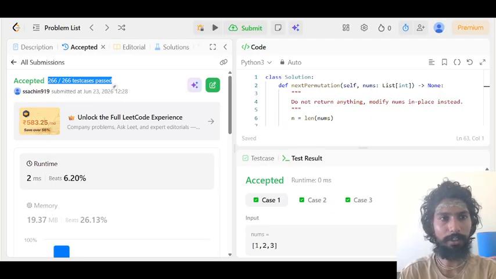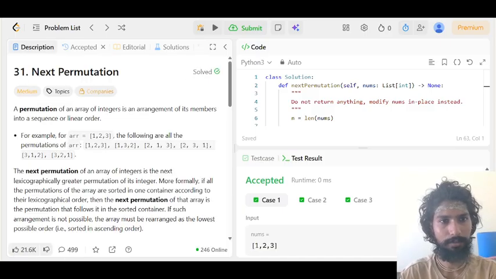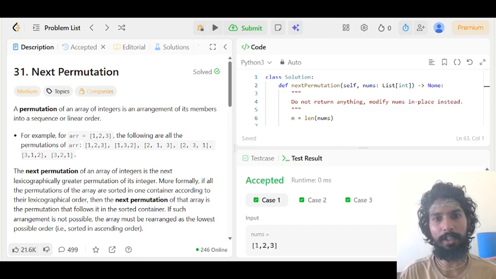So what did we learn from this problem? First, we learned how lexicographical ordering works. Second, we learned that the next permutation is not about randomly rearranging numbers. It is about making the smallest possible increase.